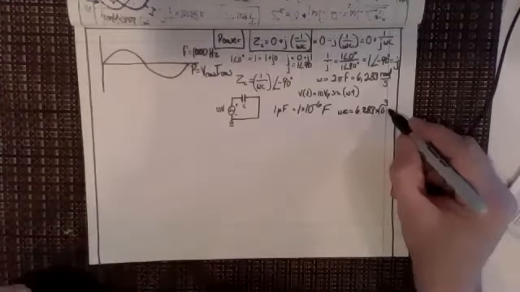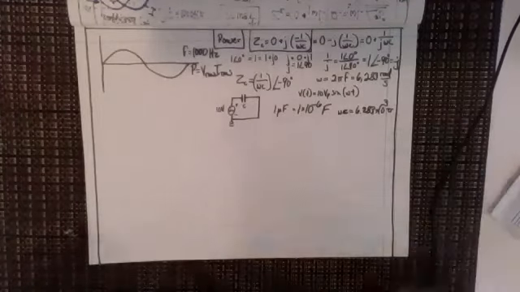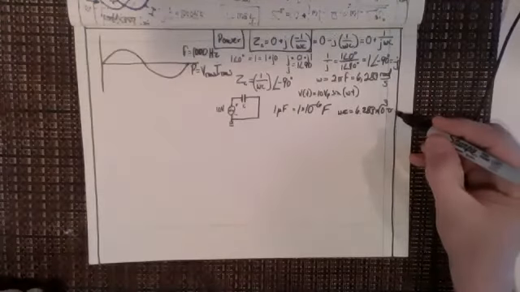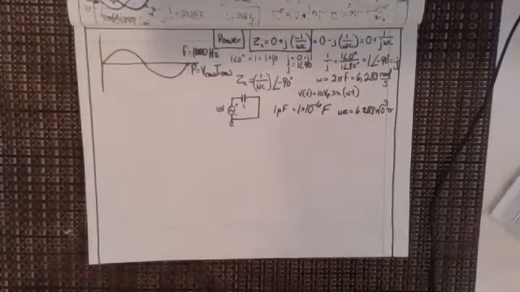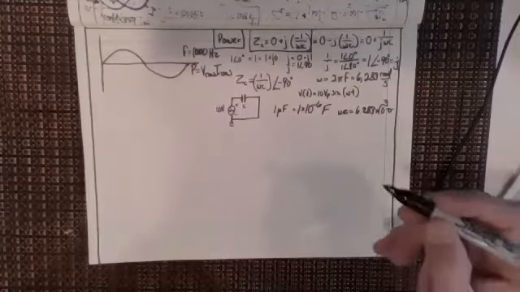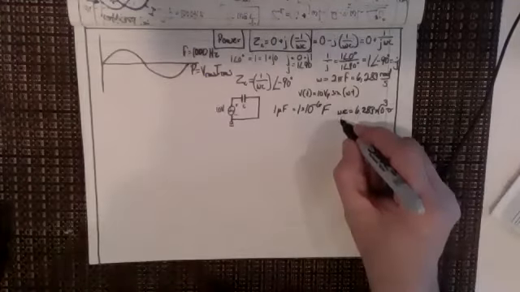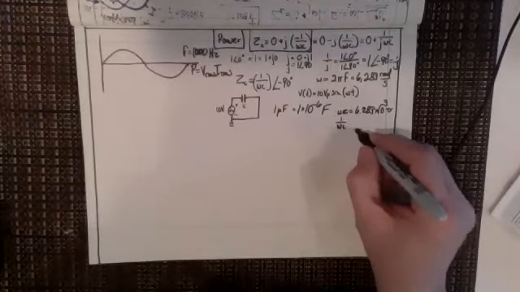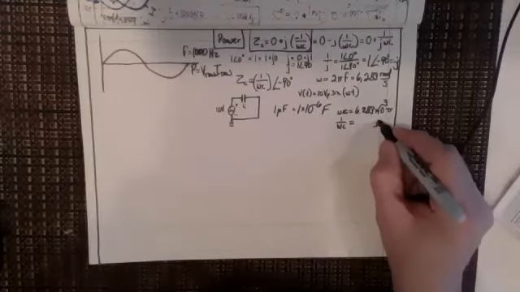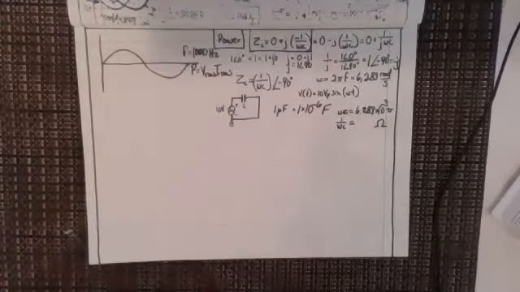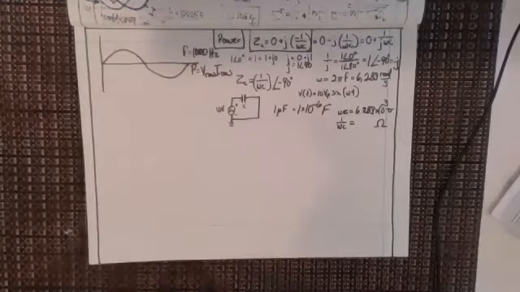So this would be a mho. I've drawn that upside down, and it's called a mho, but it's really a 1 over ohm. And then if I did 1 over omega c, of course that's going to be in ohms, you can see the difference between the symbol for a mho and the symbol for an ohm.